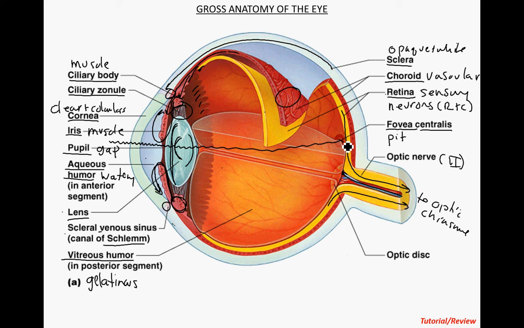That's the fovea. And then the last structure that you see at the back of the eye is this thing right here, which is called the optic disc, which is also where the blood vessels are coming in, and so there's no photoreceptors here. So there's no photoreceptors.